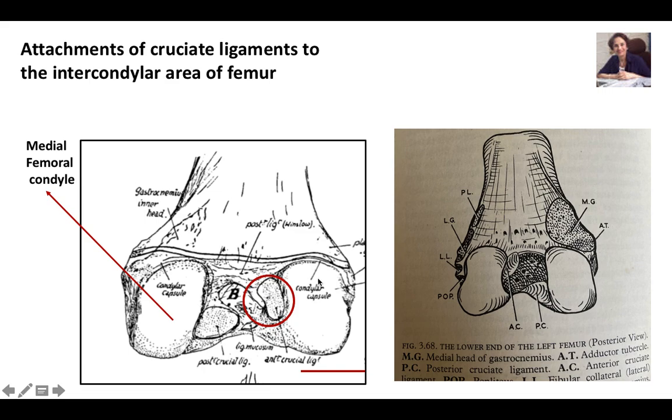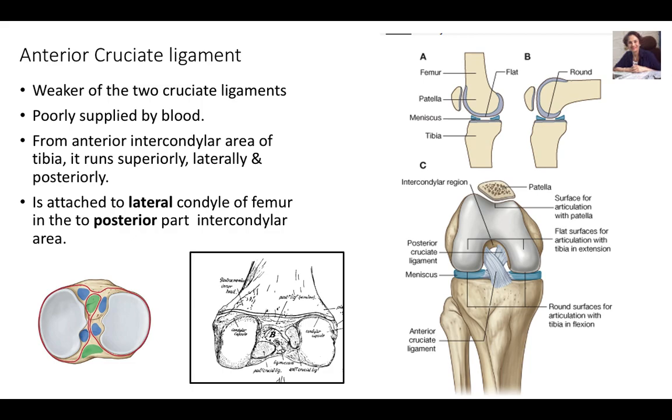This is lateral condyle, and here you can see the anterior cruciate ligament, and here is medial condyle. So here you get the posterior cruciate ligament. Remember, posterior cruciate ligament is attached anteriorly and anterior cruciate ligament is attached posteriorly to the femur, exactly opposite of how it was in the tibia.